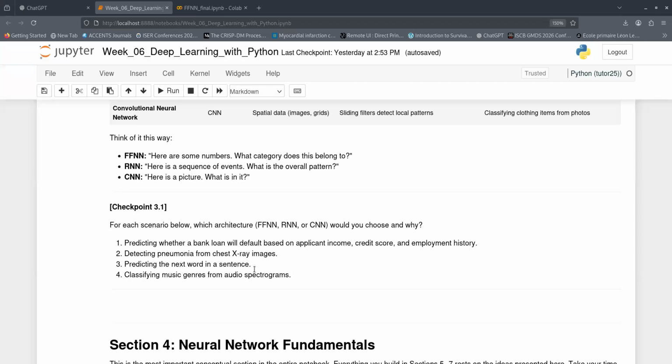If we have some numbers and we ask what category they belong to, then when we match with this checkpoint, if you want to predict whether a bank loan will default or not, it means you are asking what category this belongs to.